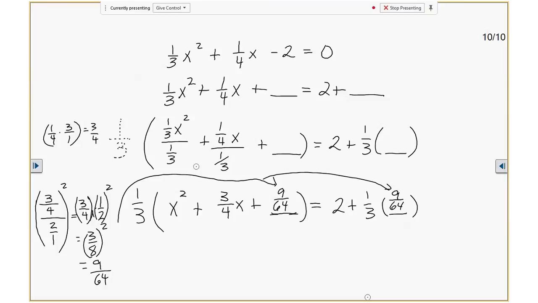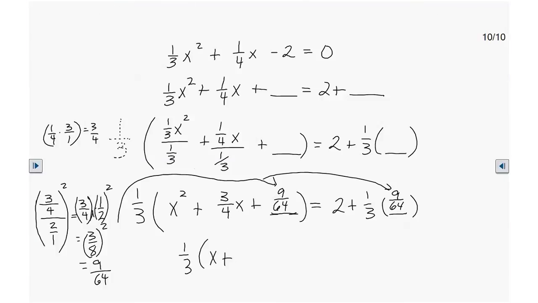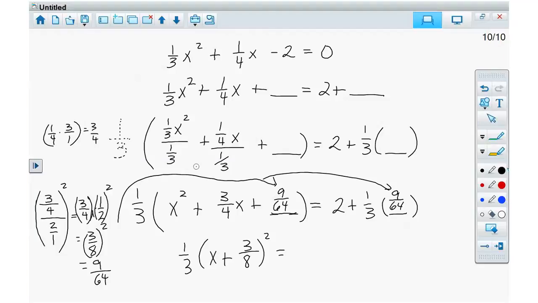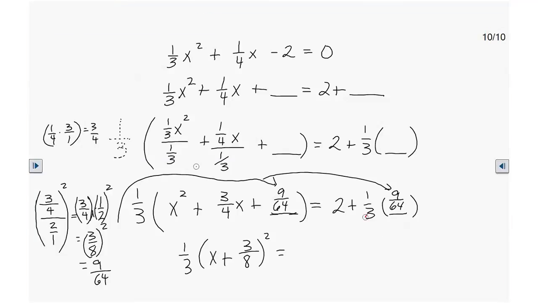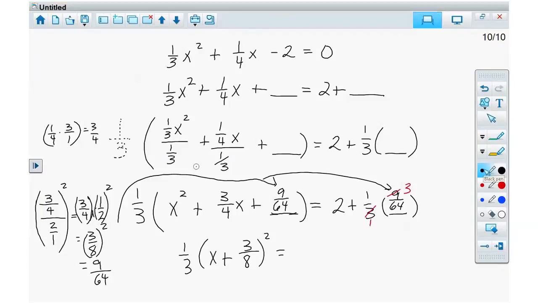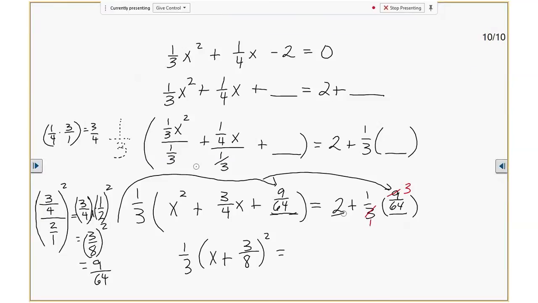And then that'll give me 1/3 x plus 3/8 quantity squared is equal to, well, let me go over here and simplify a little bit. That 3 will go in there one time, go in there 3 times. 3 won't go in 64, so that's it. So that's over 1.